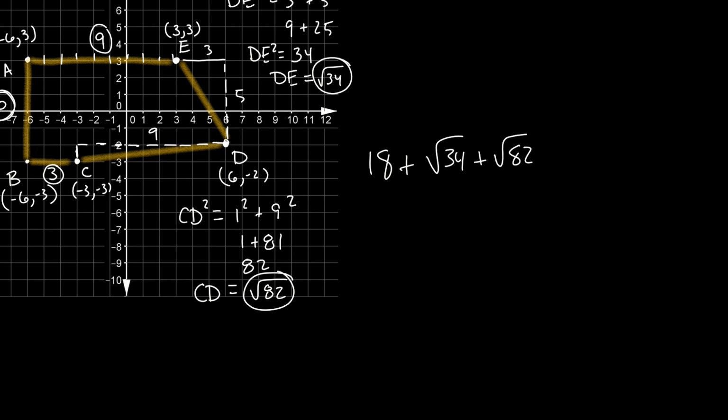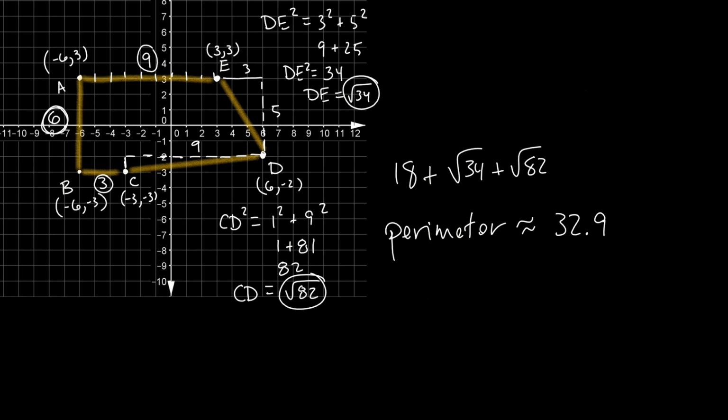So then in terms of getting a decimal approximation, I can go ahead and throw those into my calculator, and my calculator tells me that I should have an area of approximately, whoops, no, not the area, the perimeter is approximately 18 plus, it looks like that's about 32.9, and I can't remember if they gave me units on these.